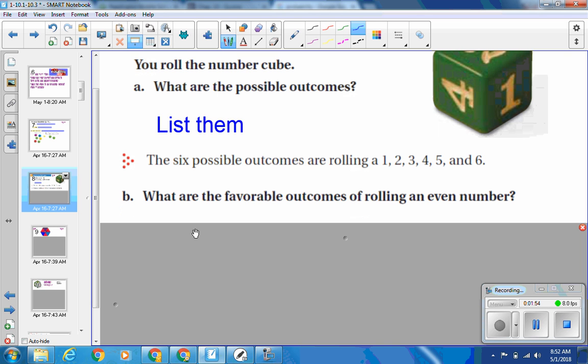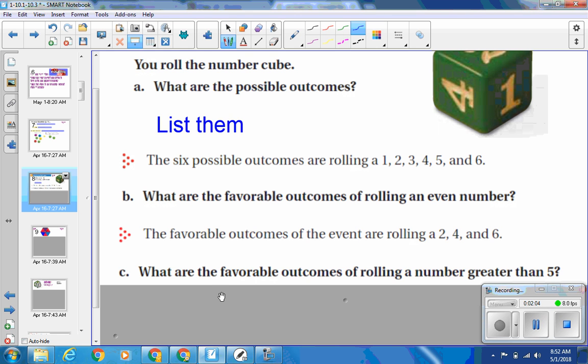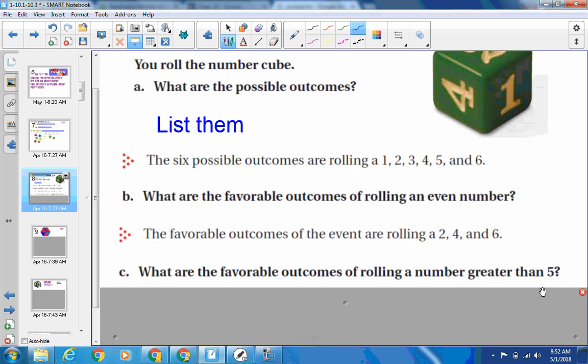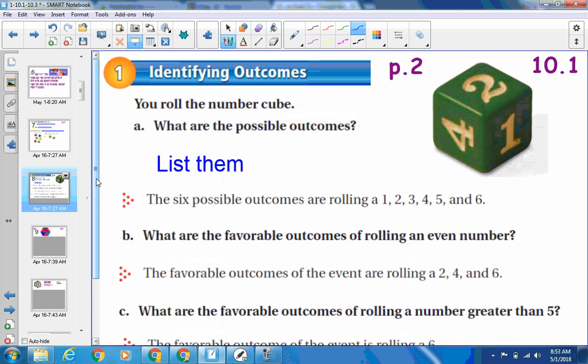What are the favorable outcomes of rolling an even number? We would list the even numbers on a number cube, which would be the 2 and the 4 and the 6. What are the favorable outcomes of rolling a number greater than 5? There's only the number 6, so that's your only favorable outcome of that happening.